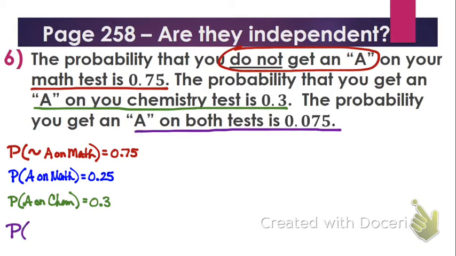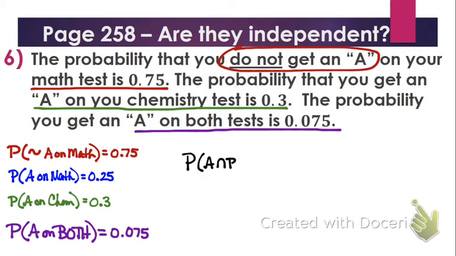So probability of an A on both tests, 0.075. We want to know whether or not these events have any influence over each other whatsoever. So the probability of A and B, if that is equal to the probability of A multiplied by the probability of B, they're independent and they don't influence each other at all. There's no relationship here.